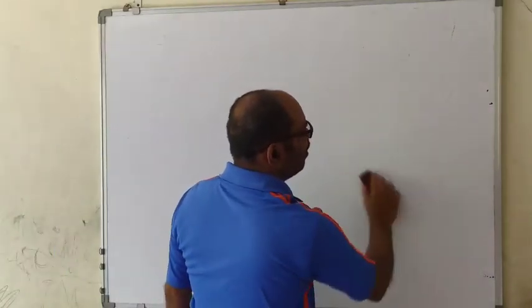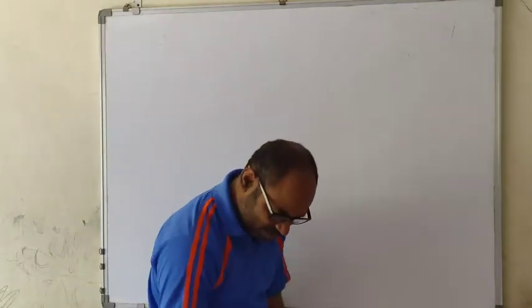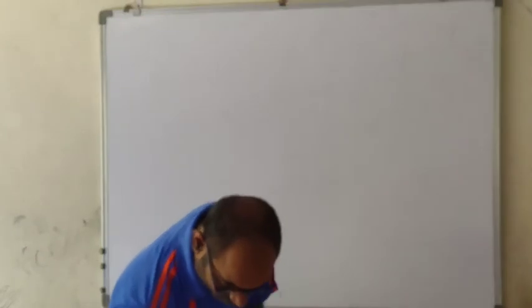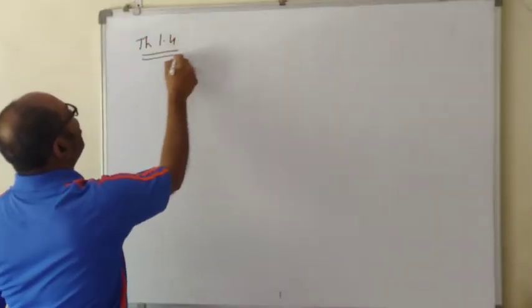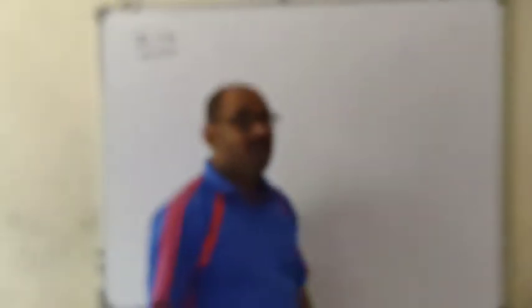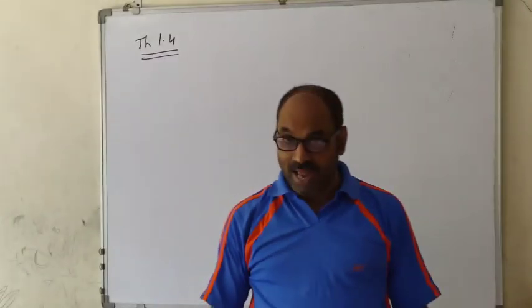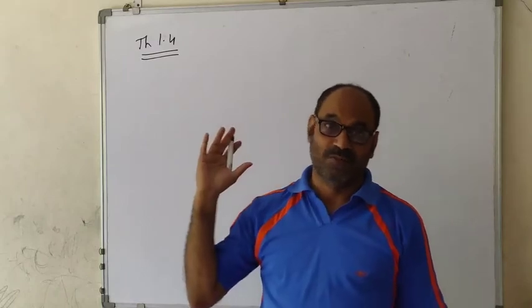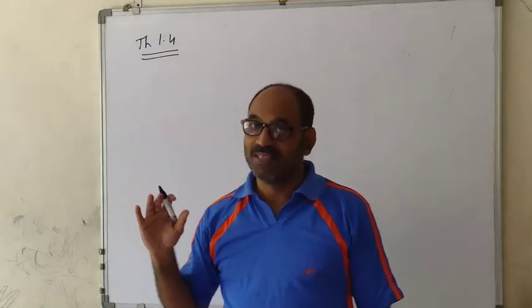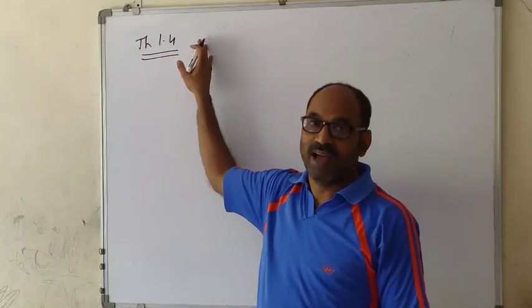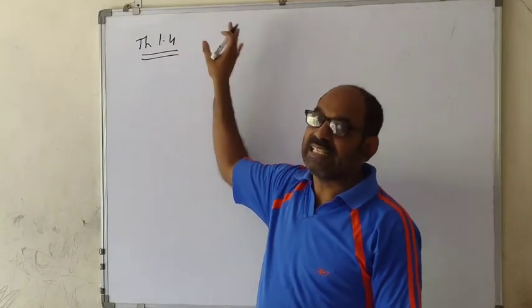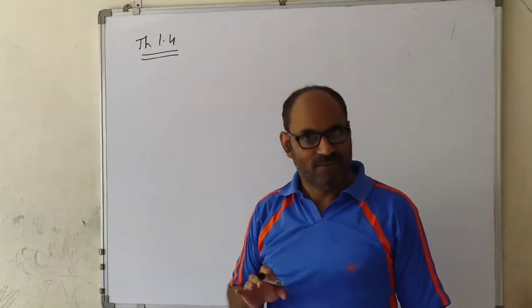Now, very difficult concept. It's theorem 1.4, I think. I don't know whether it is a mistake of the textbook. I would say it is a mistake, but you can never say that because God knows what logic they have applied by putting this statement as theorem 1.4.